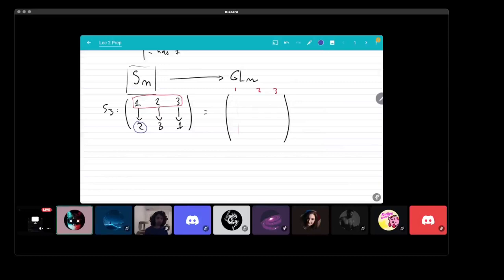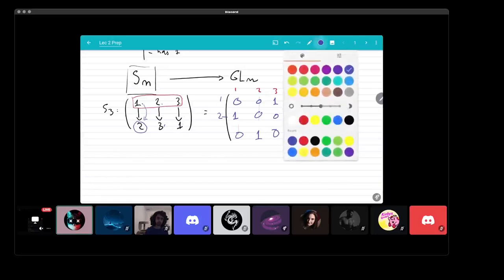So for example, 1 is sent to 2, we're going to put 1 here. 2 is sent to 3, we're going to put 1 here, and 3 to 1, we're going to put 1 here, and 0 everywhere else. And this is called a permutation matrix.